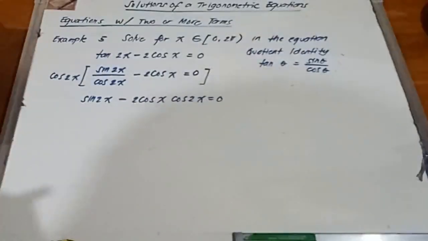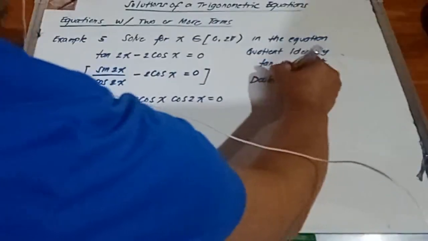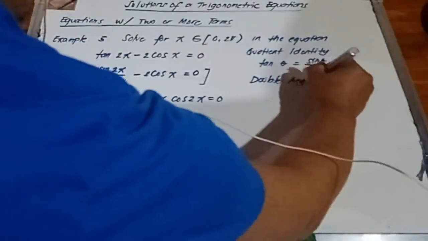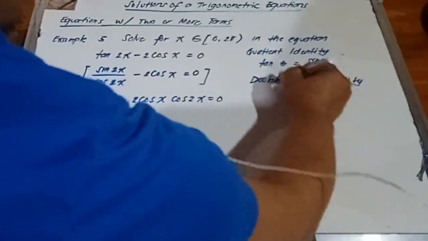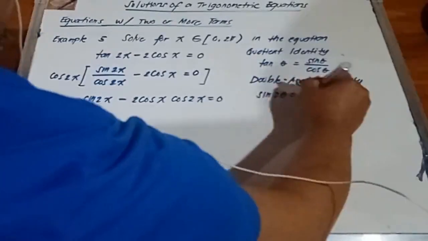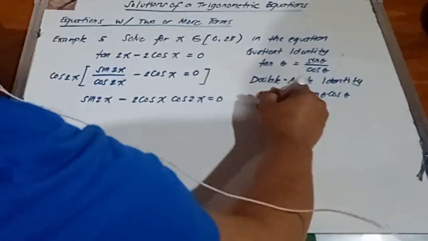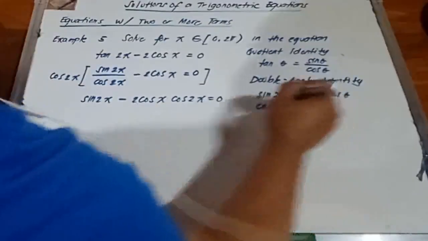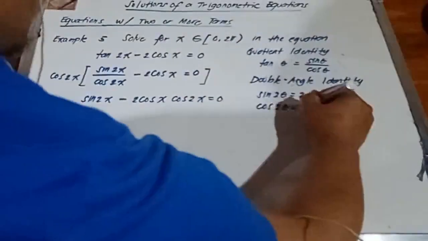Then gagamit tayo ngayon dito ng double angle identity. For sine 2 theta, that is 2 sine theta cosine theta. And then for cosine 2 theta, gamit tayo dito ng 1 minus 2 sine squared theta.